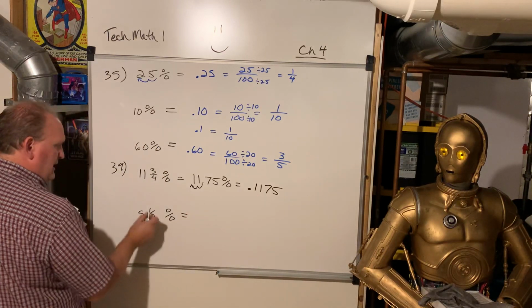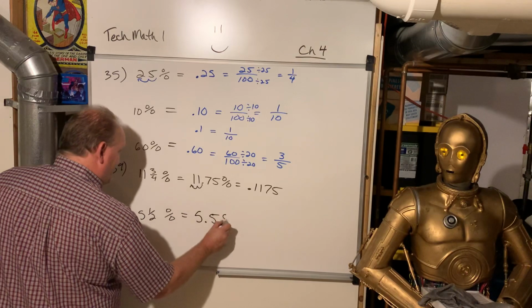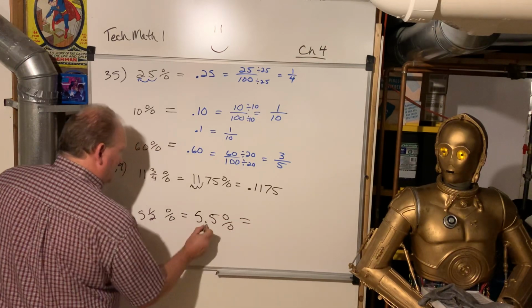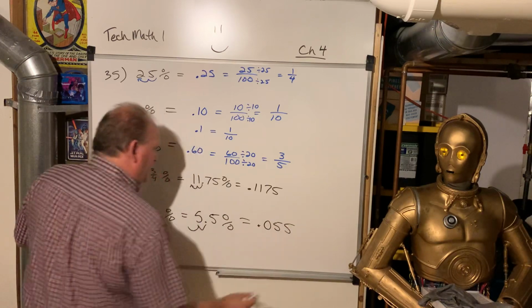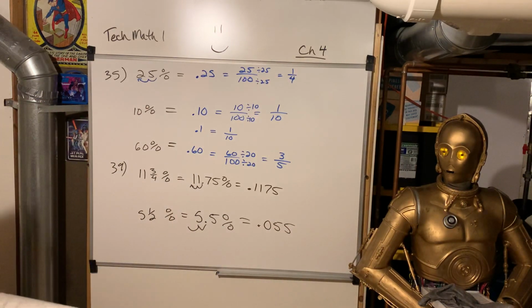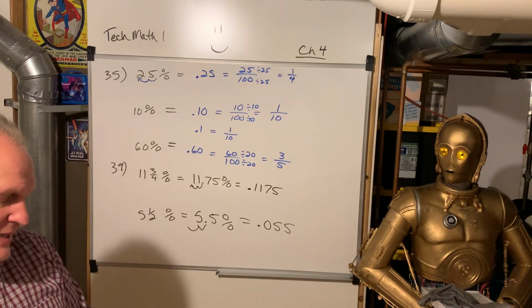Same thing here, right? 1 divided by 2 is 0.5, so 5.5%, and then move it 2 places, 0.055. And so that one they didn't want fraction form, they just wanted a decimal. So we went from percent to decimal. It's a little trickier when it's like that.